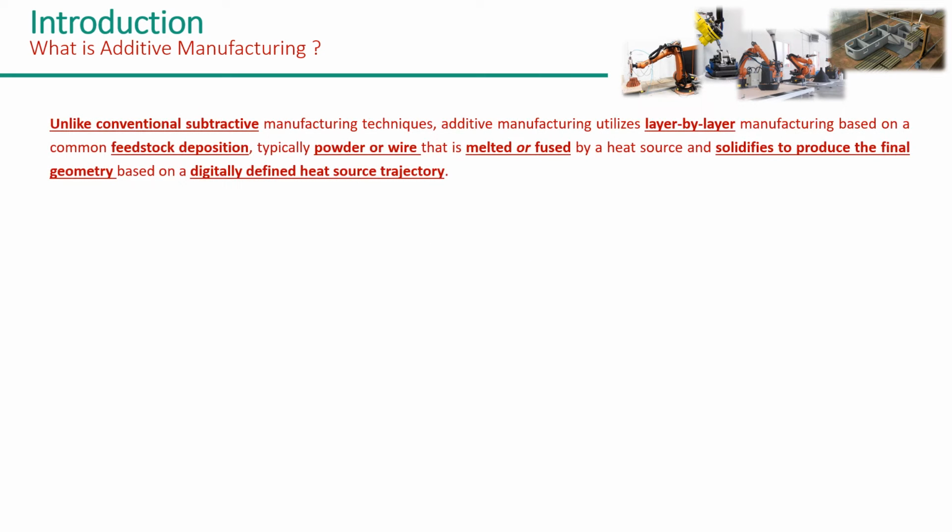So in brief, unlike conventional subtractive manufacturing techniques, additive manufacturing can fabricate any component by depositing feedstock material, whether in the form of wire or powder.